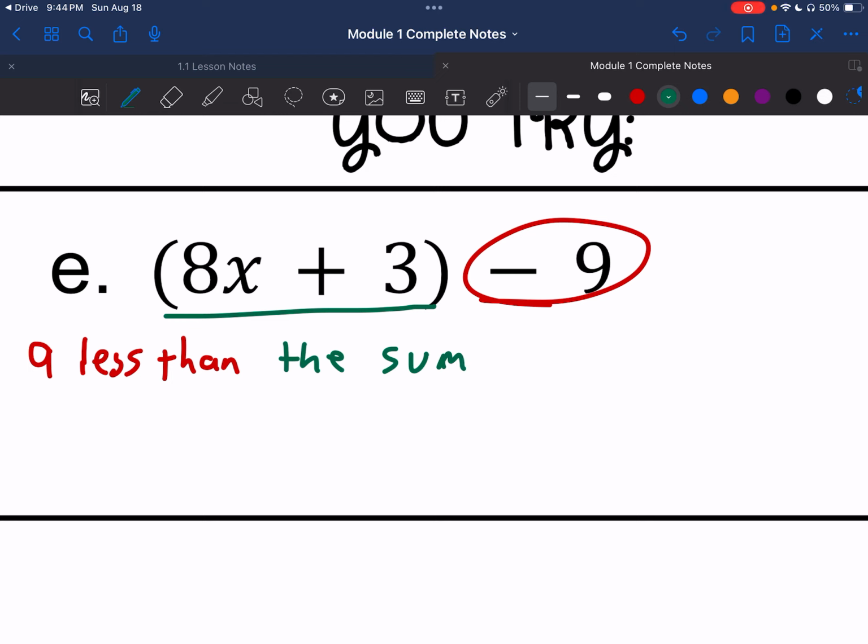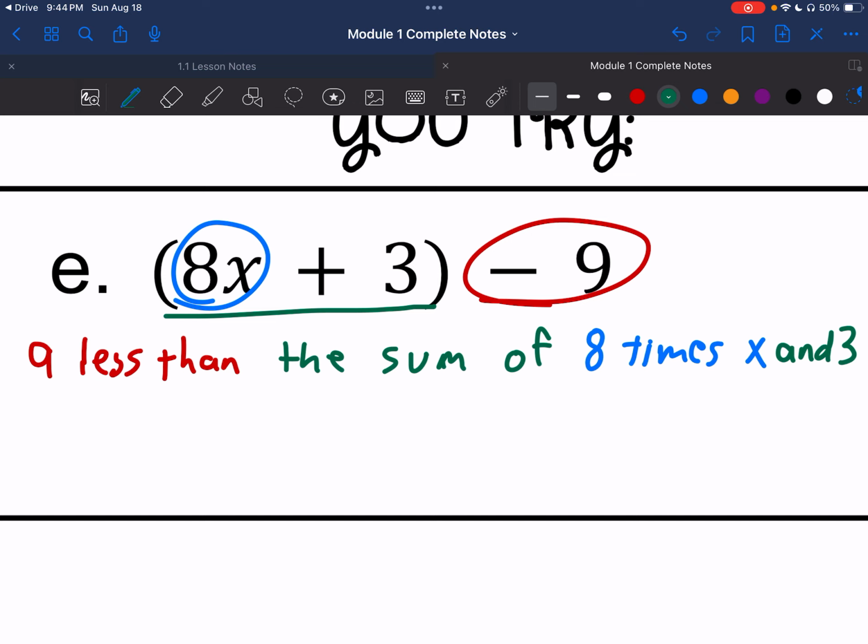So our parentheses is the sum of, and we have this piece right here. So we say 8 times x, and then we're going to finish out with the sum with and 3.